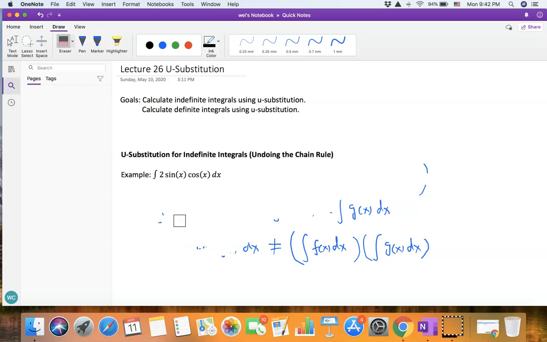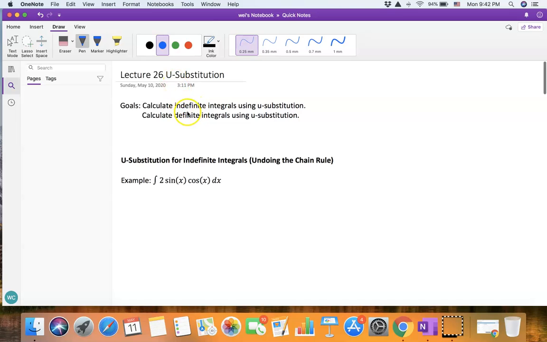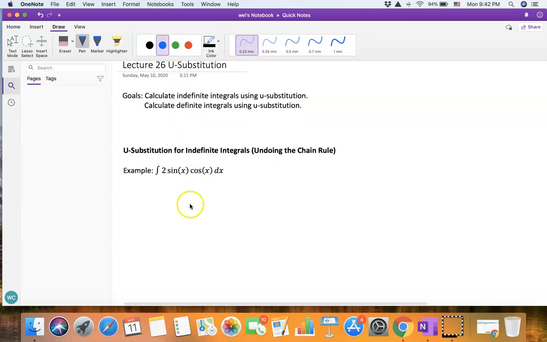So how can we do this problem? The power rule cannot be used here, and the derivative formula for sine and cosine cannot be used here. So to do this problem, we're going to develop a new technique, and that technique is called U substitution. What I want to find is an antiderivative of this function.